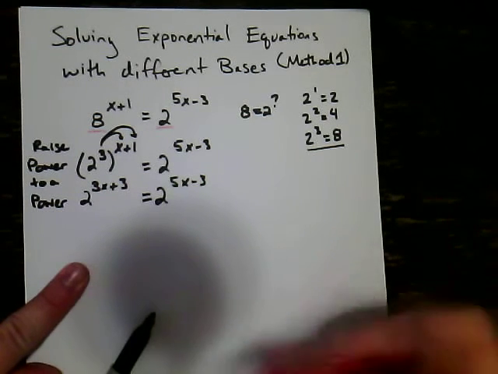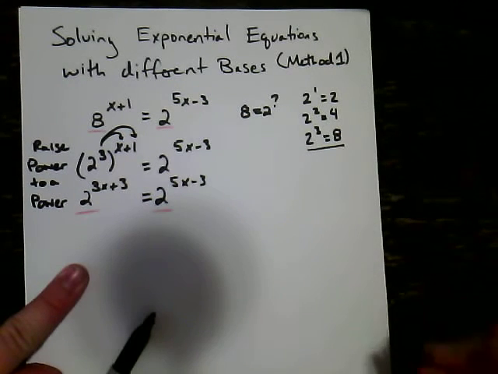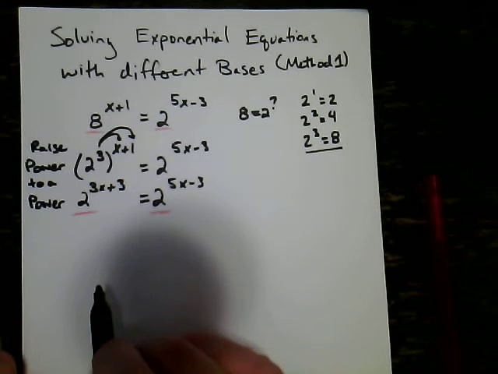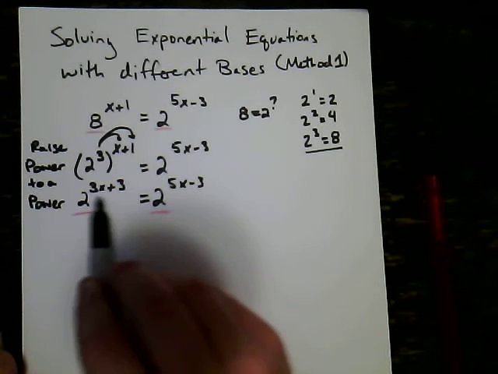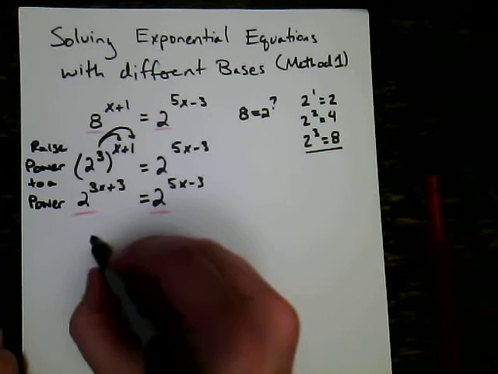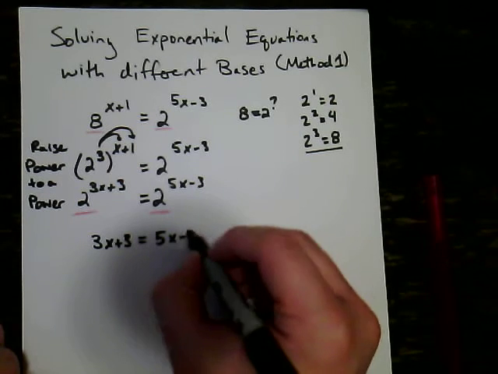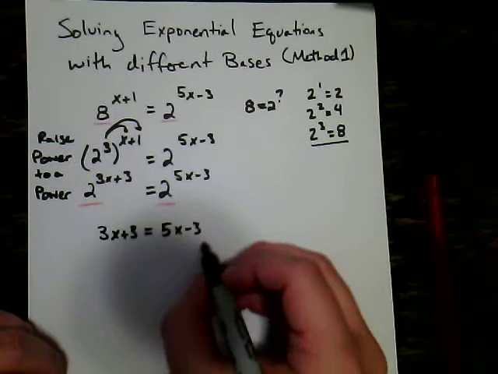Now this gets us to a place where we have the same base. We just looked at a video where we were solving these problems with the same base. So that means we want to take our two expressions, take those exponents, and set them equal to each other. Now let's go ahead and solve this equation here.